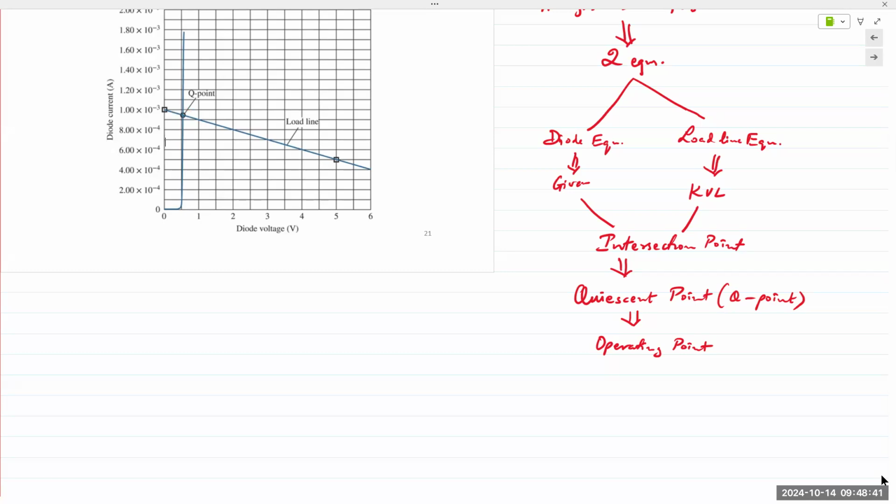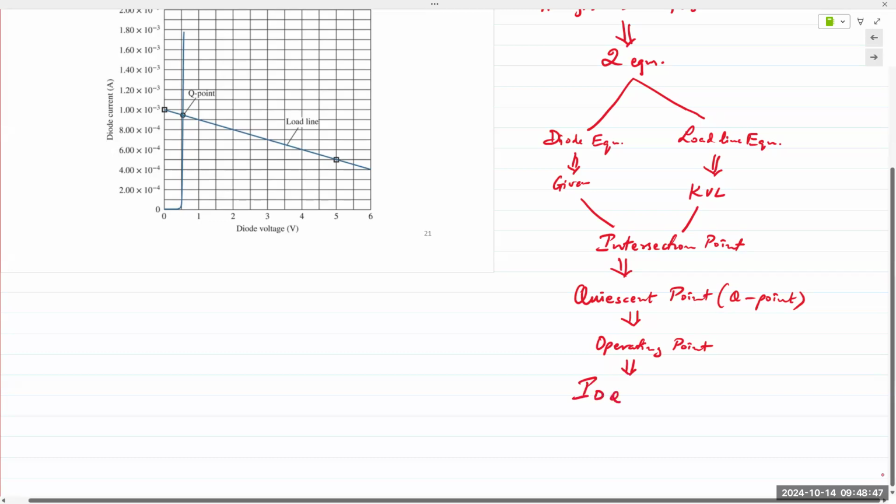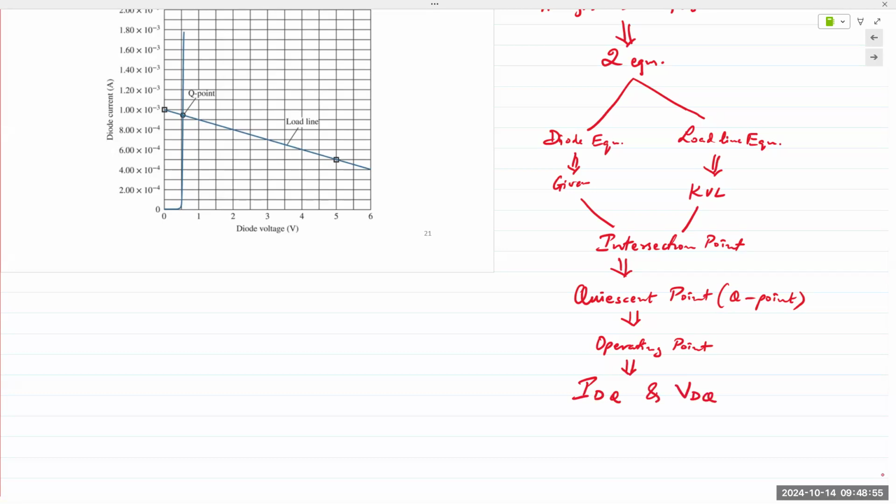So the values of the diode voltage and current at that point are labeled as IDQ and VDQ. So an additional subscript of Q is applied to the diode voltage and the diode current. To analyze the circuit, we want to find the values of these two quantities. And that would give us the solution to the circuit.